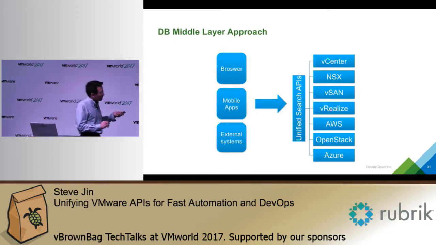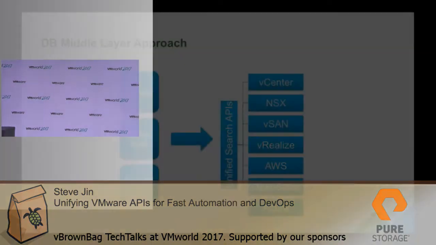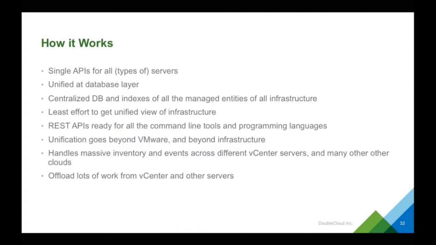Now, the last one we're going to talk about is a DB layer approach. Basically, we have a DB server running over here, collecting all that information, and exposing this data to the front end. And then we also expose the search API. So everything in our infrastructure is searchable. The unification is on the DB level.